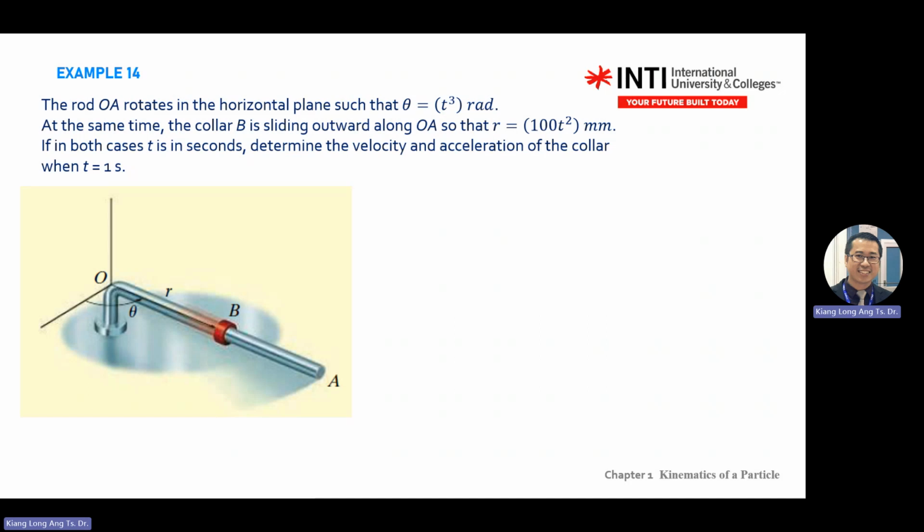This one is in radians, one is in mm, so remember the units. If both are in seconds, determine the velocity and acceleration of the collar, meaning the red color thing, when time equals 1 second.